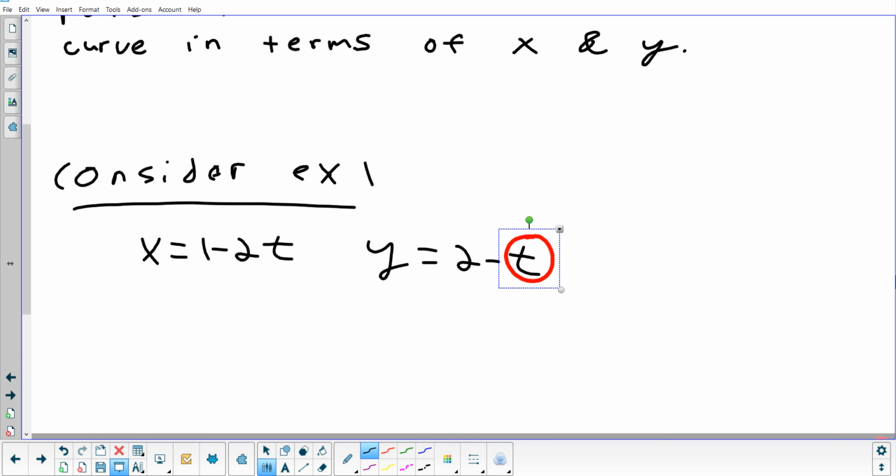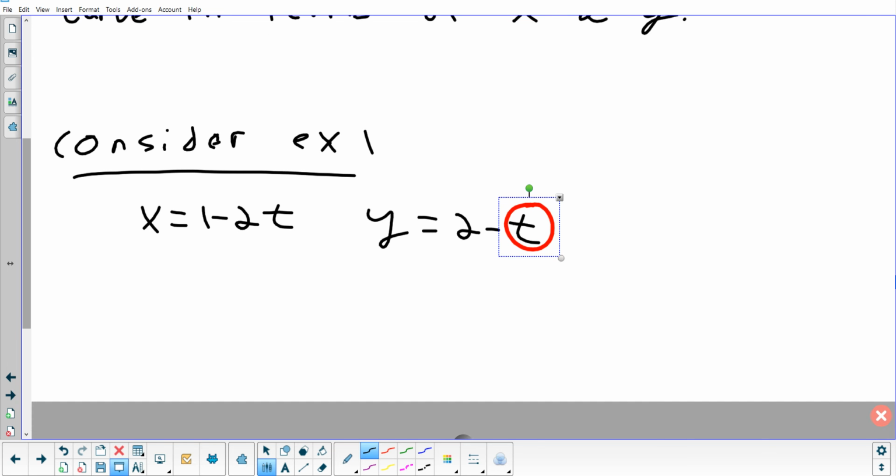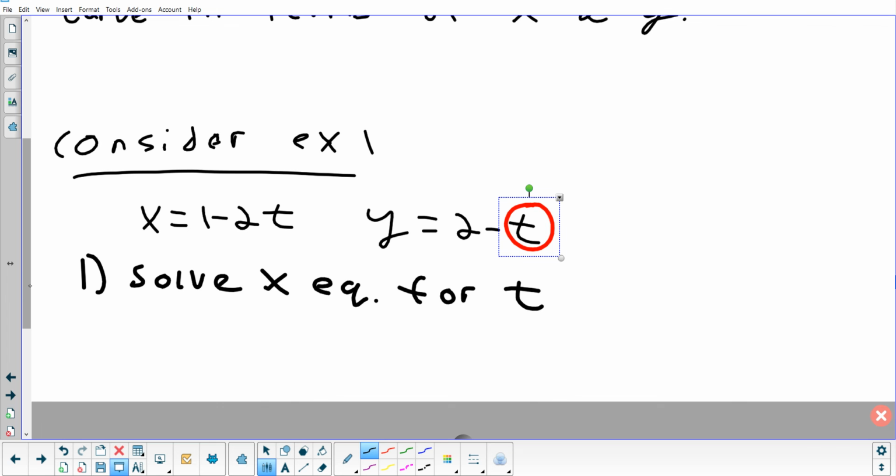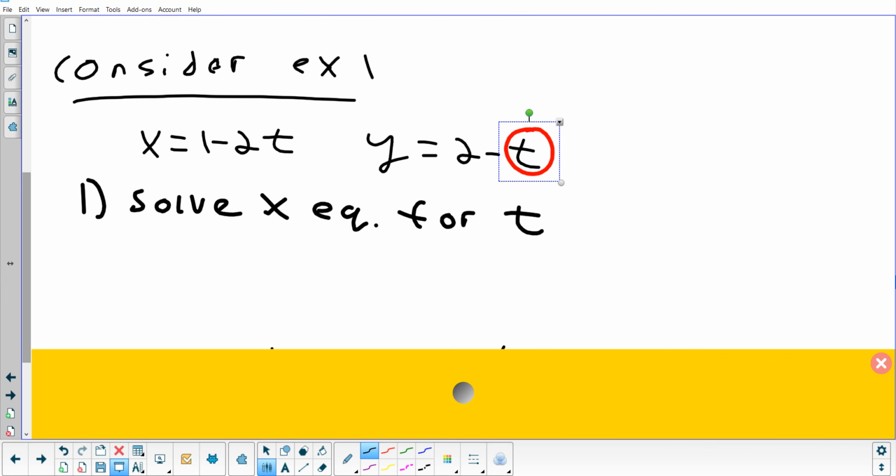You could solve it for t. Yeah. Solve the x equation for t. That's step 1. Okay, so let's solve it for t. So that gives me x minus 1 equals negative 2t.